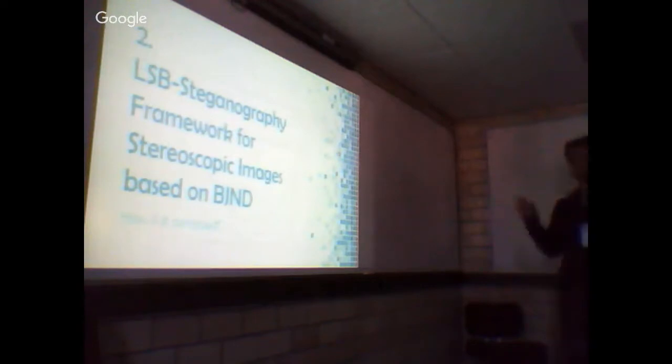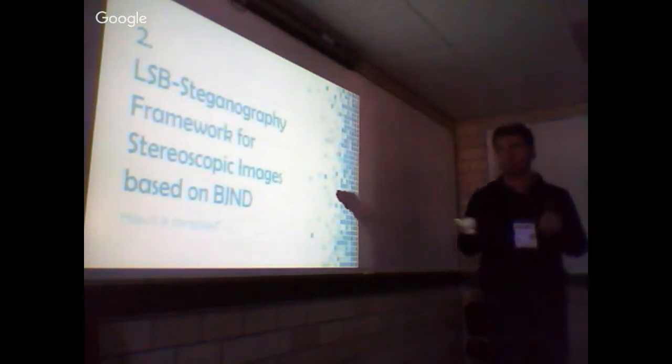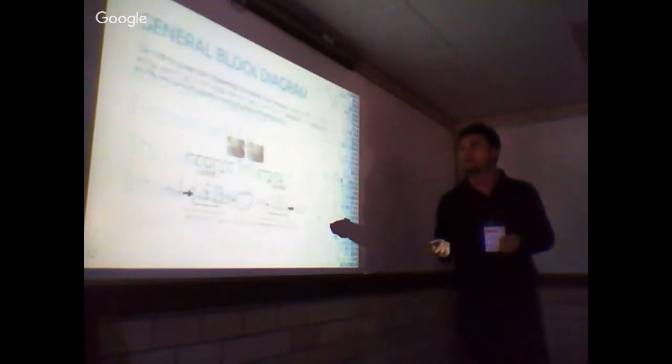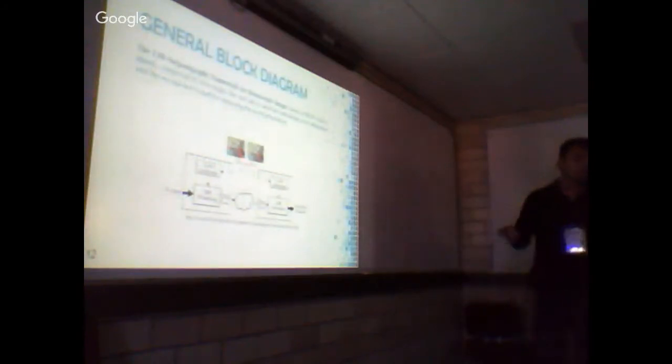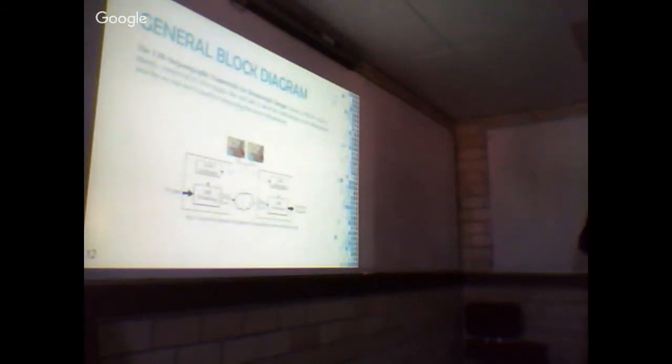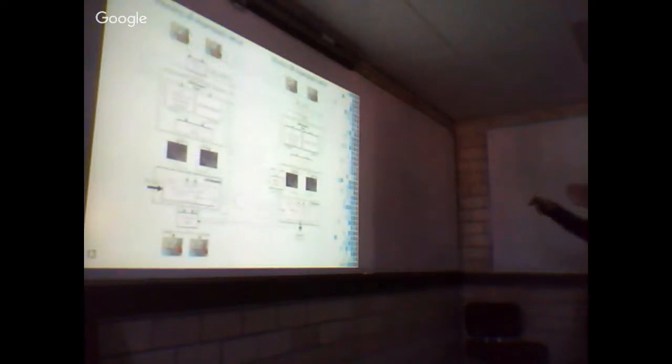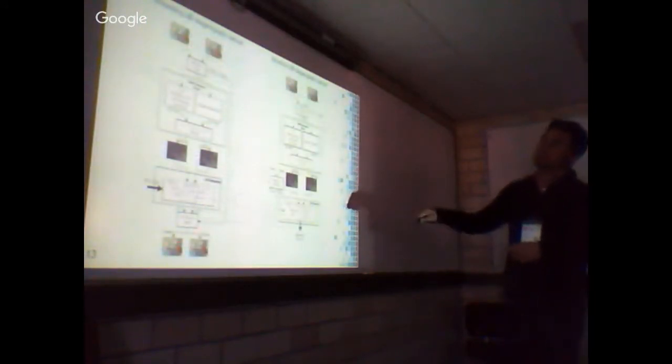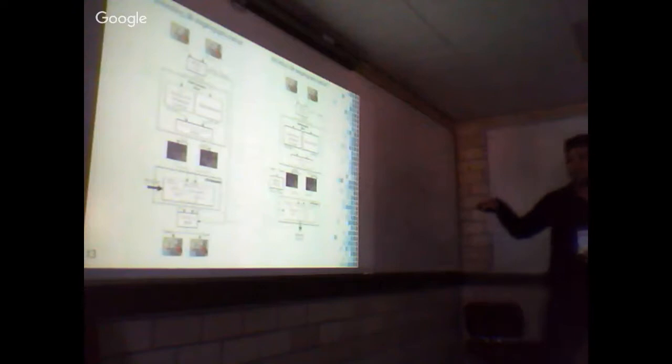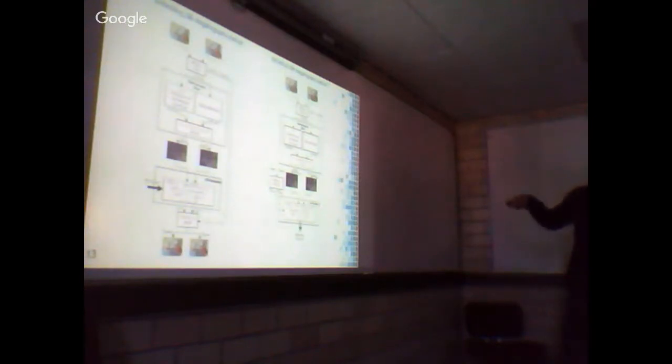So how is our steganography framework composed? This is the general block diagram. It is composed of two stages, the source and the destination stage. And this is the embedding element of the steganographic method, and the extraction is almost the same.